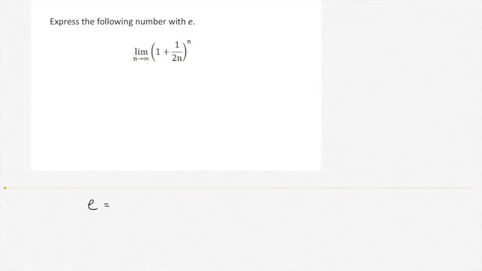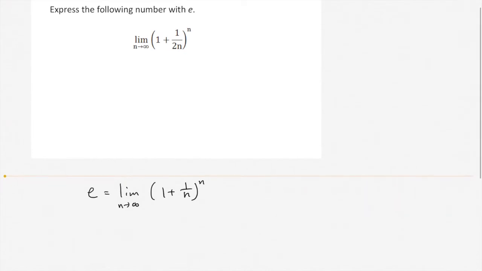e is defined by the limit as n goes to infinity of (1 plus 1 over n) to the power n. If you increase n, e approaches some finite number.